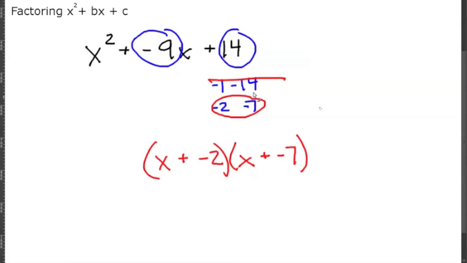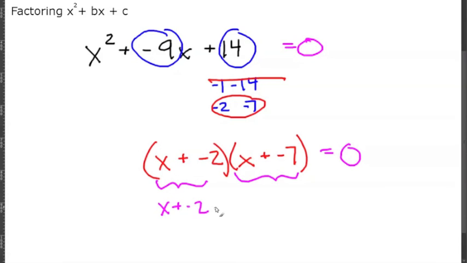Say that in the beginning I said that this equation equaled 0. Remembering the zero product property, that means that this first term equals 0 or the second term equals 0. So x plus -2 equals 0 or x plus -7 equals 0.